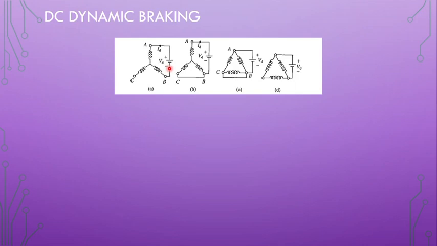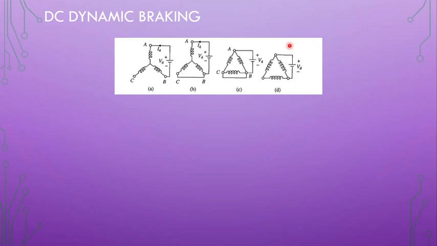Or in another topology, we can short the remaining two windings in the case of star connection. In the case of delta connections, these are the topologies available for a stator connection. So one of the phases is disconnected and kept open or connected to the nearest terminal, and for the remaining two terminals a DC supply is connected.